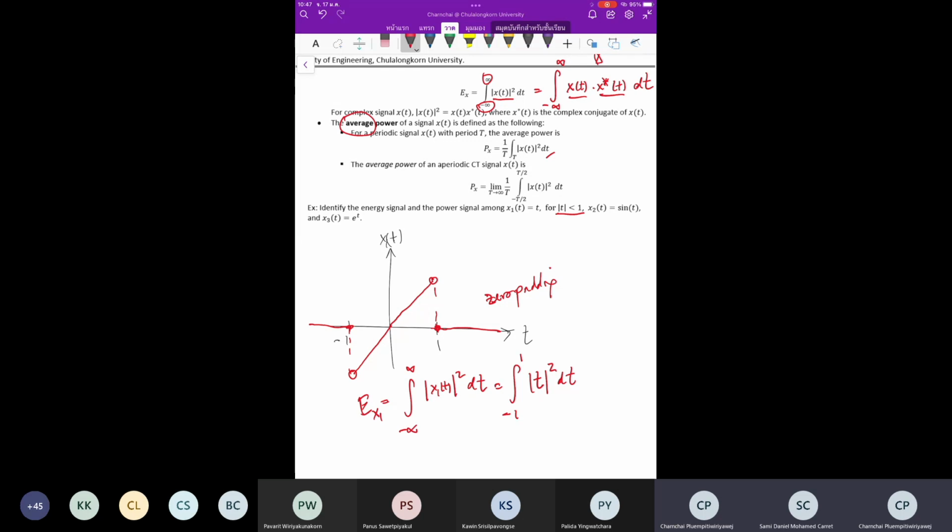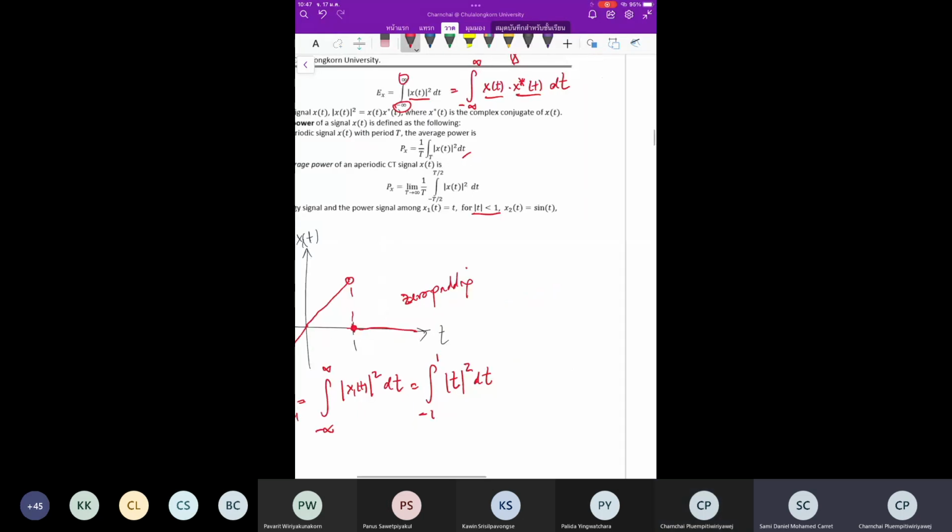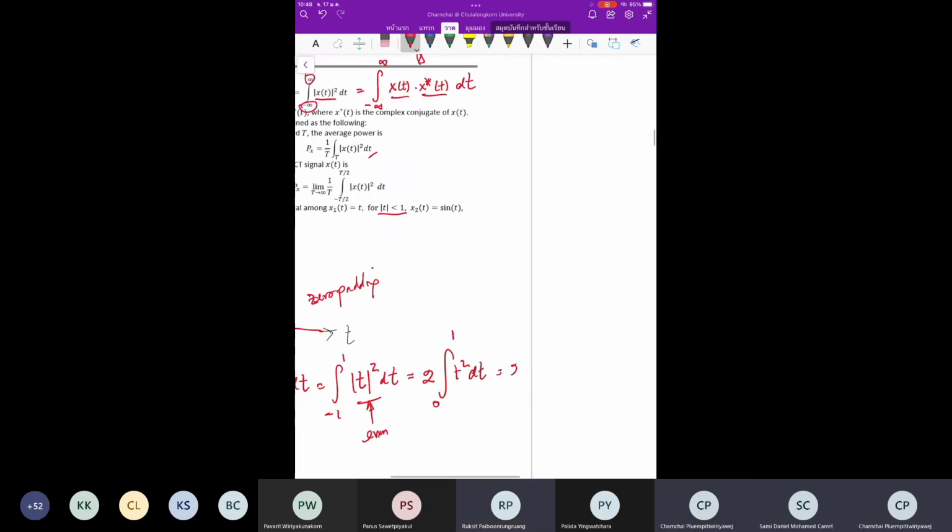How do you integrate this? It's just t squared, so we get t cubed over 3. This is an even function, so since t squared is even, we can say it's equal to twice the integral from 0 to 1 of t squared dt, which is twice t cubed over 3 from 0 to 1, which is 2/3.